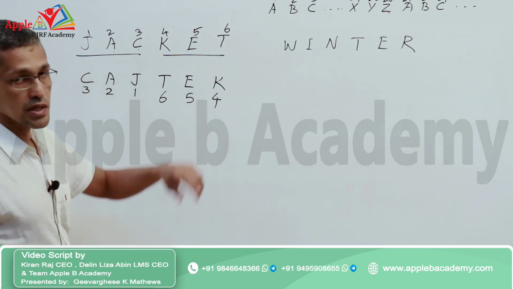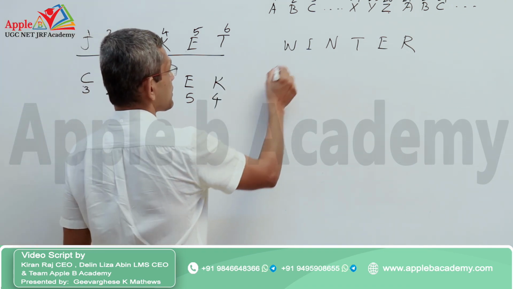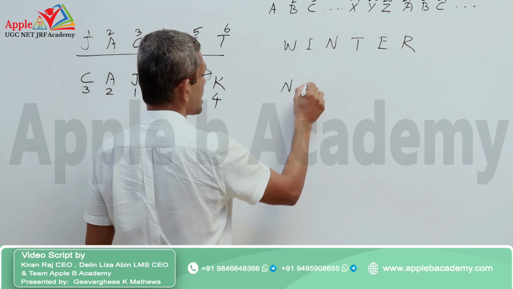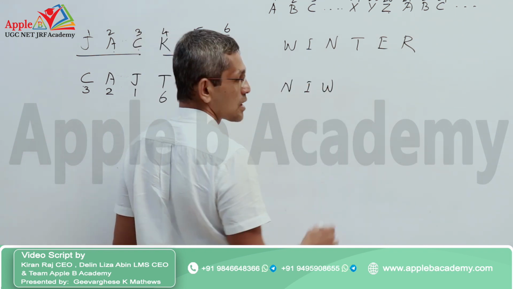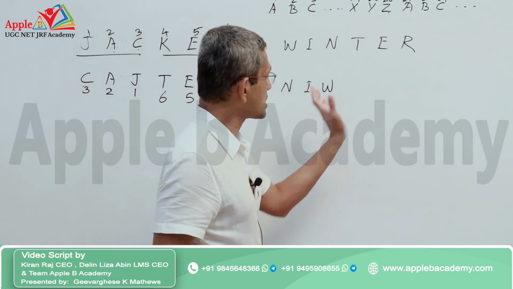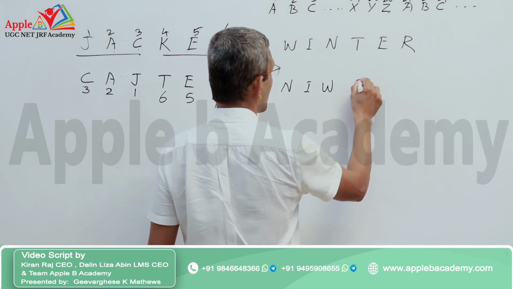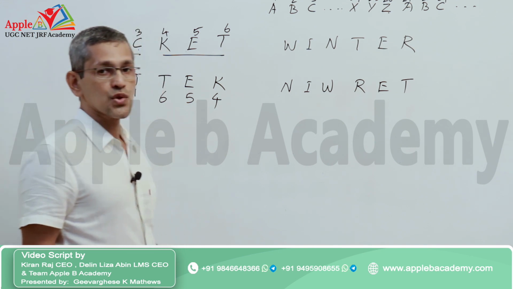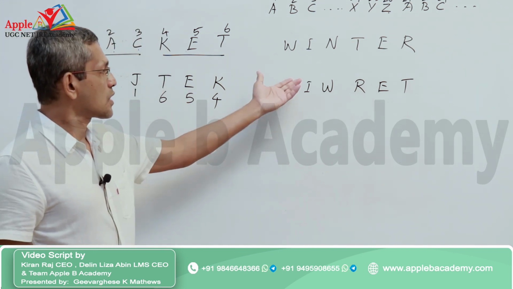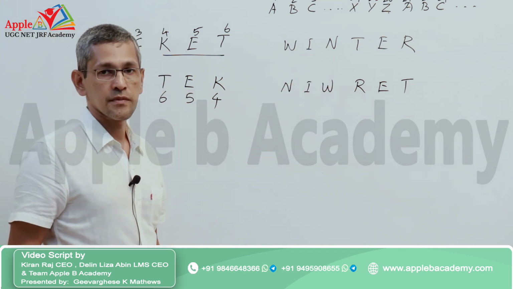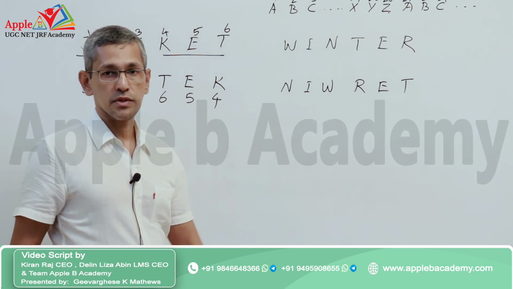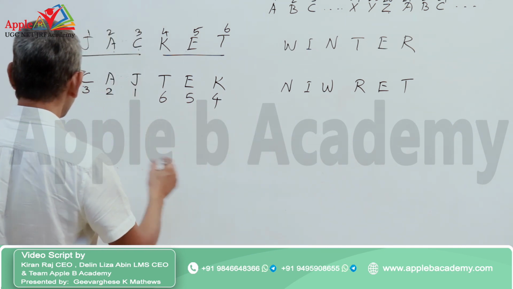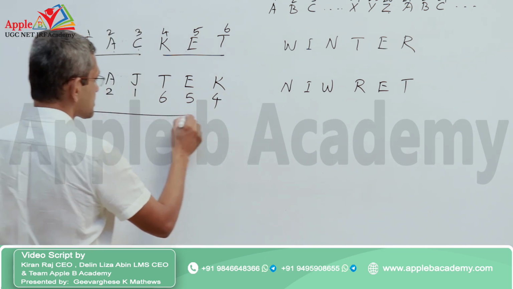So we'll do the same thing for winter. First 3 letters reversed: N, I, W, and the second set of 3 letters reversed: R, E, T. So that is the code for winter. It's pretty much a rearrangement. Okay, let's go for another example.